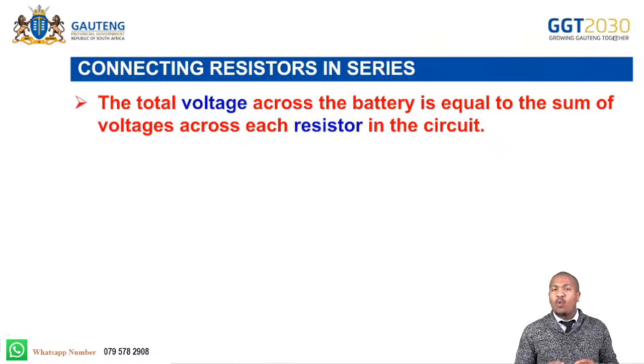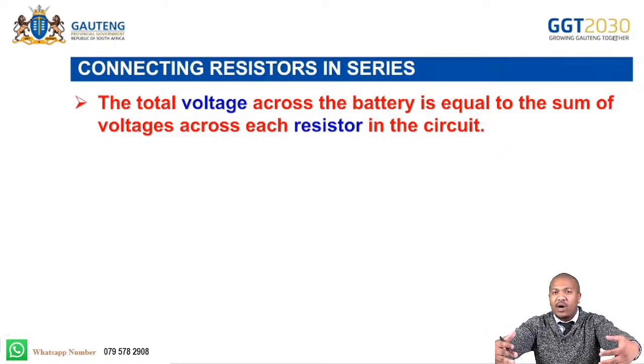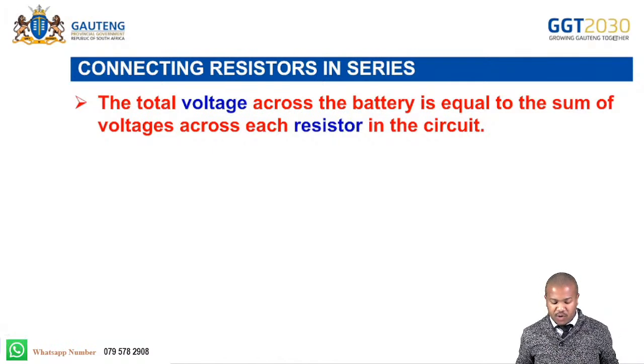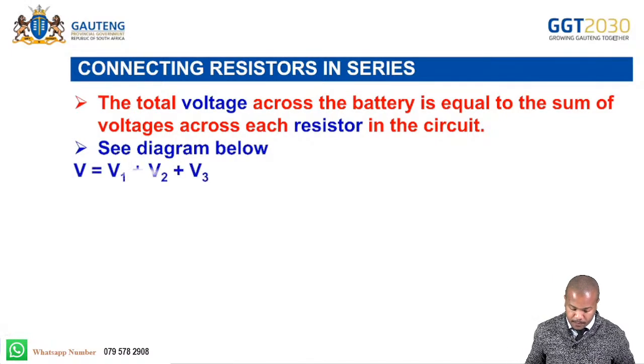So meaning what? The total voltage of the battery is shared amongst the resistors in the series circuit. Are we together? The total voltage across the battery is equal to the sum of voltages of each resistor in the circuit. Let's look at the diagram below.